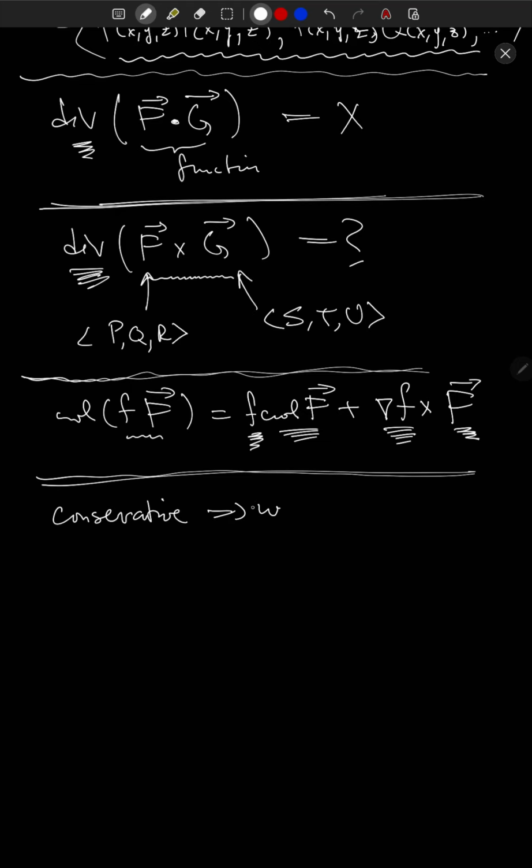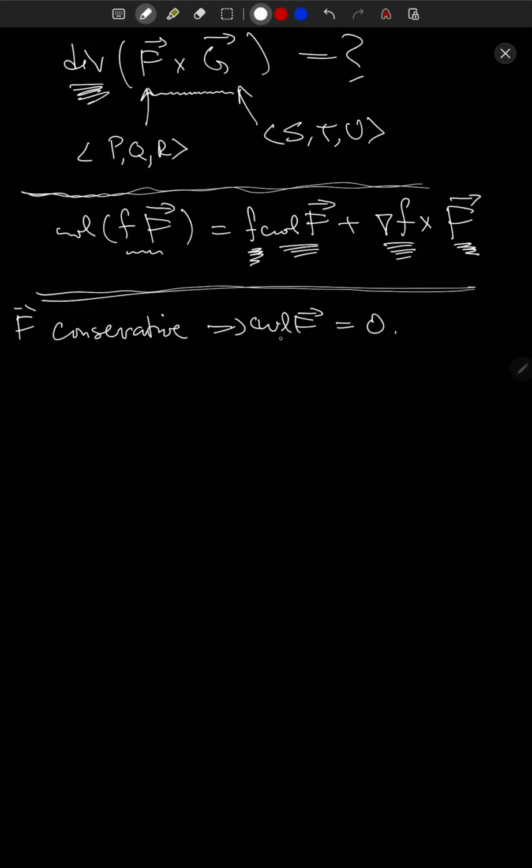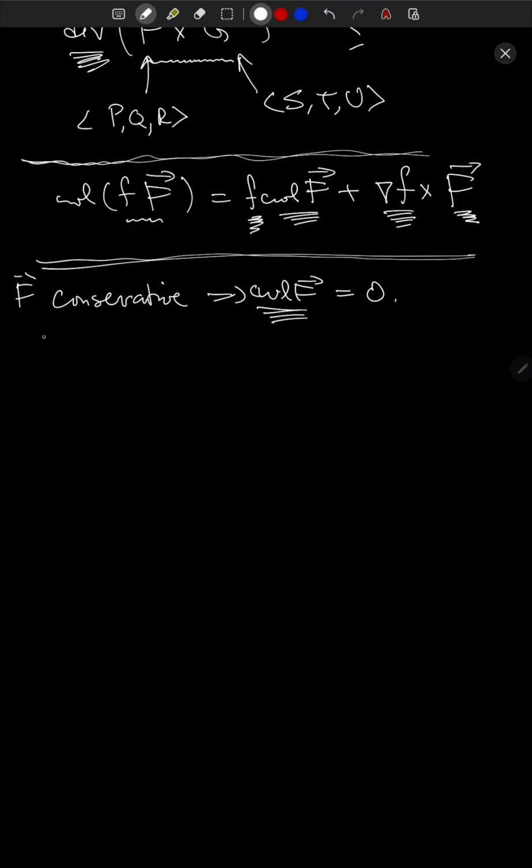F conservative tells you curl of f is equal to 0. And if curl of f is 0, and you're in a simply connected domain, then you're conservative. Nothing new here. If you just look at our conditions for being conservative in, I think it was, section 17.2, then you'll see exactly that the entries of the curl have to be 0.